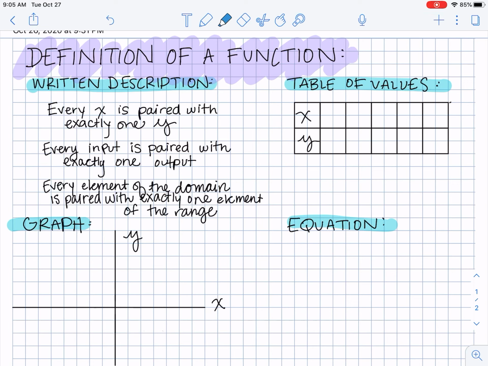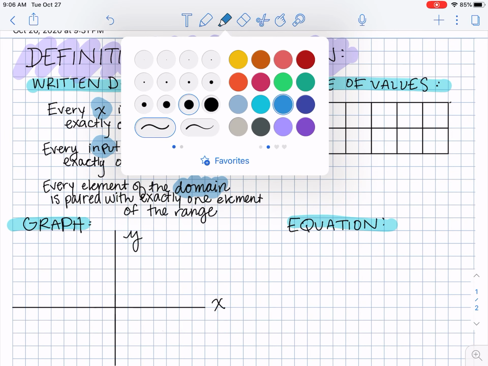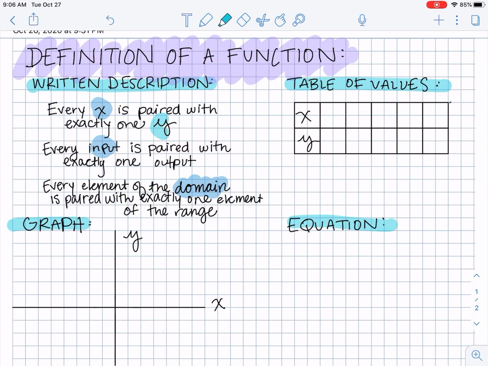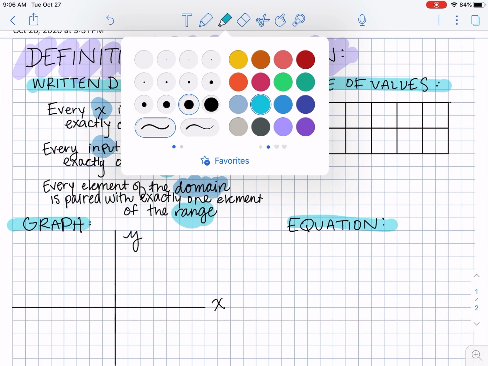Now, if we look at this, what's the same about each one of these? Well, we have an x, an input, and an element of the domain. We also have y, an output, and the range. So x, input, and domain are all synonyms. Y, output, and range are all synonyms.